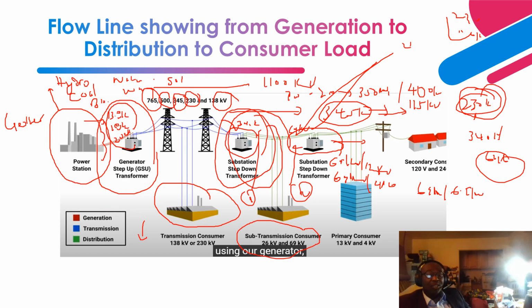And within this distribution substation, you can also step it down further from 12 kV to, let's say, 480 volts, or 12 kV to 4.16 kV, then 4.16 kV to 480 volts, before it gets transmitted to the consumer.